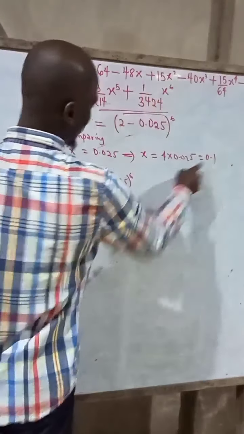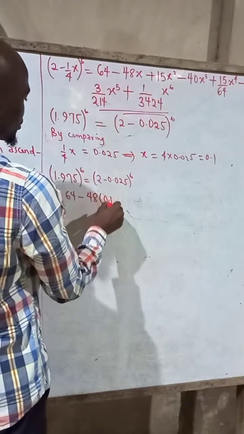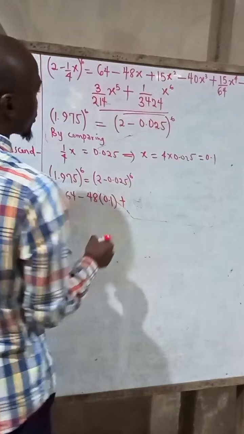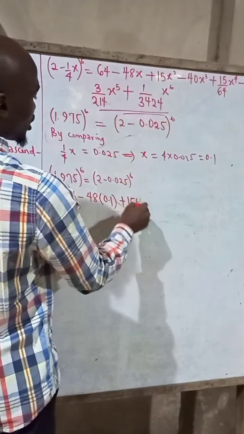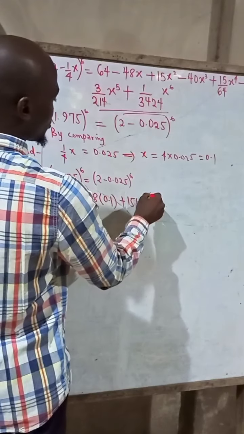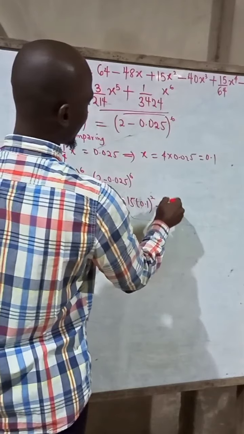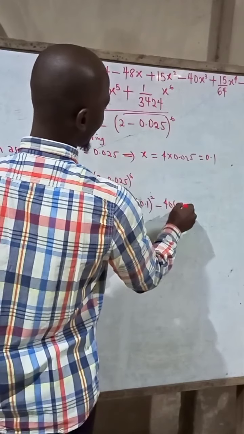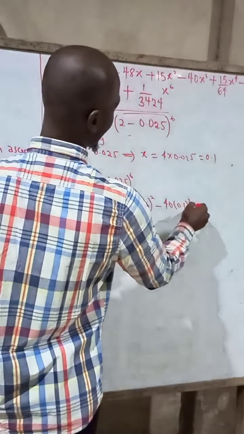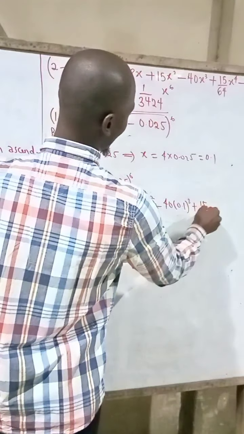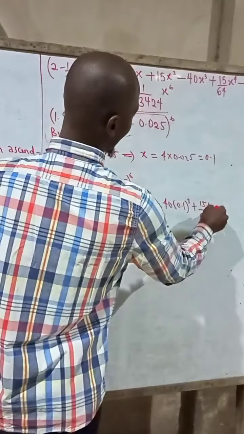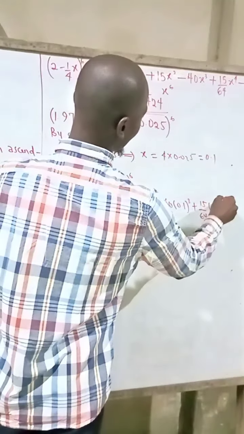Anywhere I see x, I'm going to be putting 0.1. So 0.1 plus 15 times 0.1 raised to the power of 2, minus 40 bracket 0.1 raised to the power of 3, plus 15 all over 64, 0.1 raised to the power of 4.